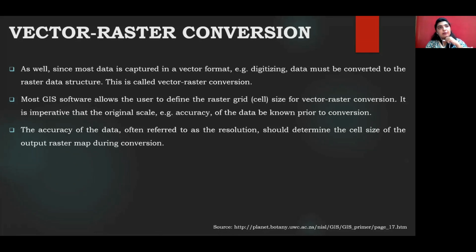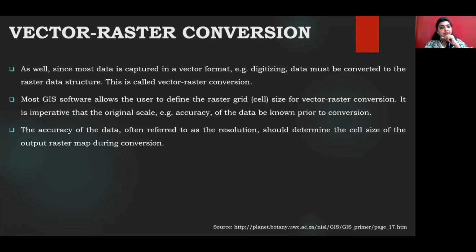Most of the data can be captured in a vector format, it can be digitized, and that data can be converted to a raster data structure, which we call vector-raster conversion. Most GIS software allows the user to define the raster grid cell size for vector-raster conversion. So when I'm converting vector data to raster data, the GIS software will allow me to define the size of the pixel.